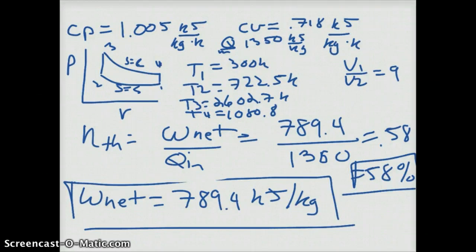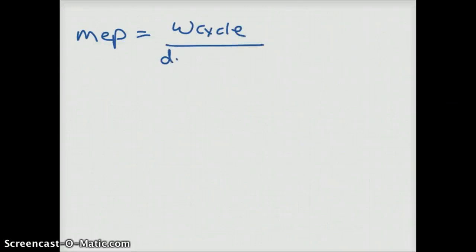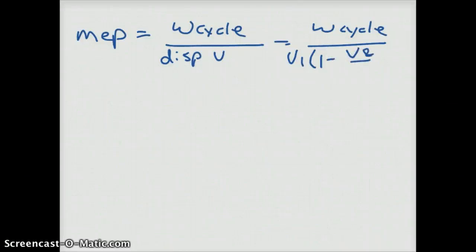Now part C asks us to find our mean effective pressure, and for that I'm just going to erase the whole board. So we need to find our MEP, and that equals our cycle work, which we already found, over the displacement volume. So this equals the cycle work over V1 minus V2, or V1 times 1 minus V2 over V1.